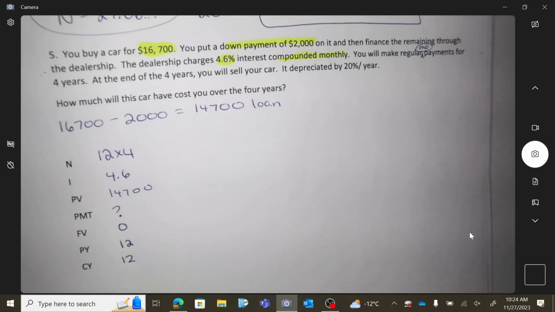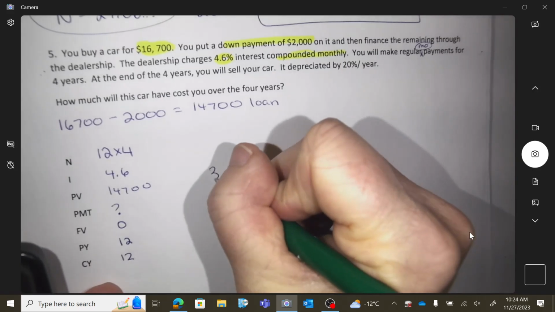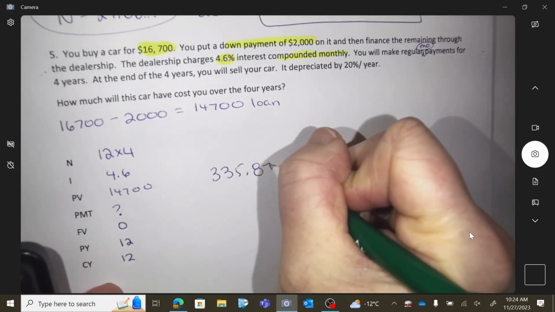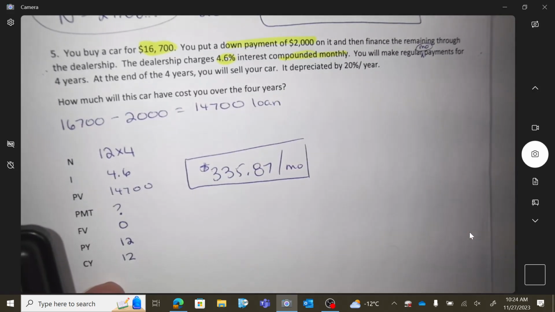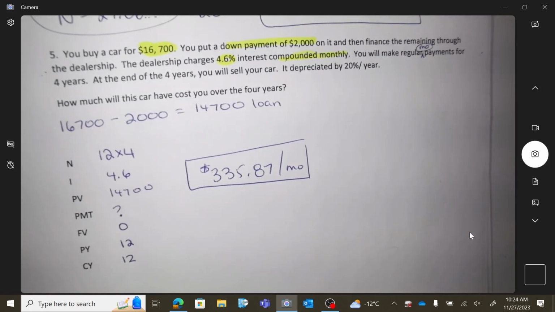Okay, so give me your monthly car payment amount. Okay, that seems reasonable.